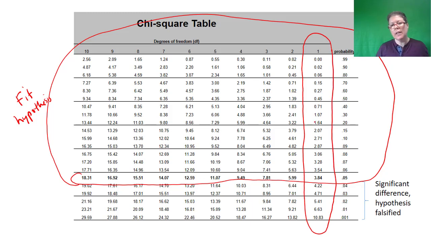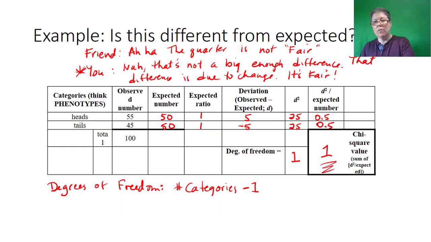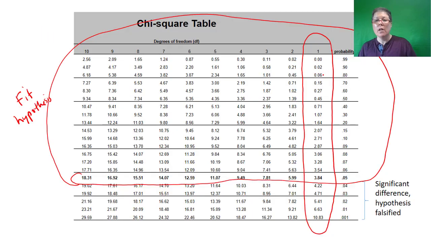So specifically, if the quarter is fair and that difference is only due to chance, our chi-square value will be somewhere between 3.84 and 0. What was our chi-square value? It was 1. All right, so we are right in here.